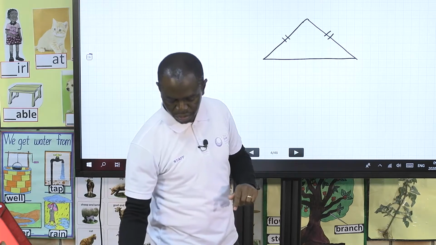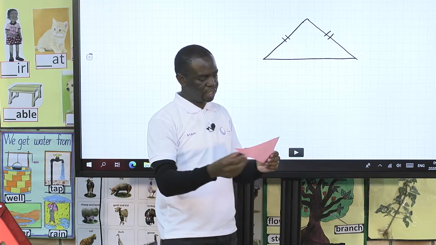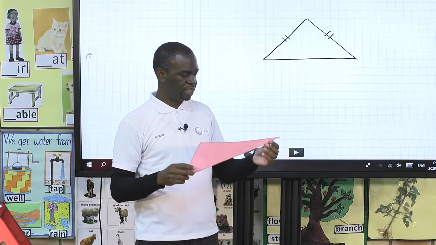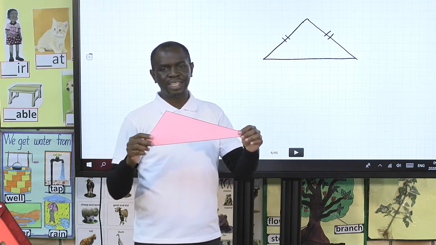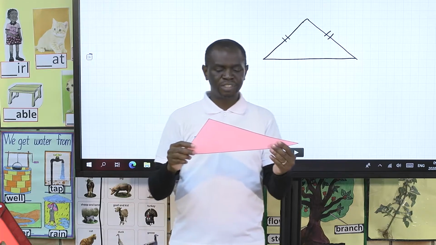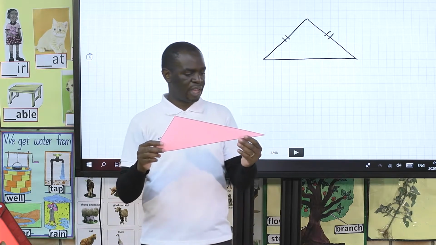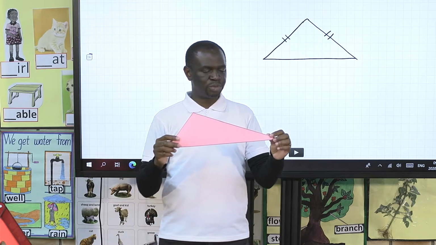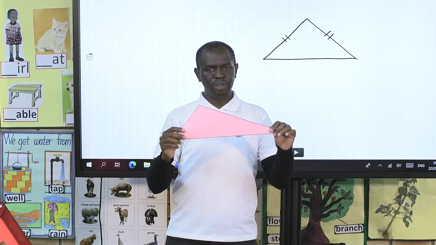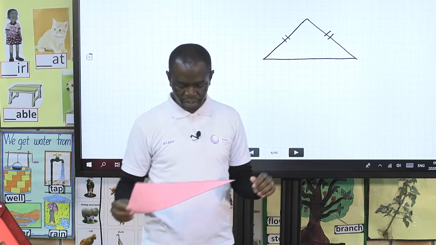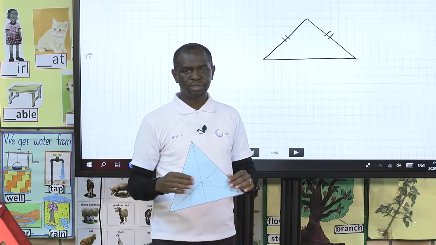The third one, which I'll also show you, is this shape of a triangle, which is called a scalene triangle. A scalene triangle is quite irregular, and it's different from the other two in the sense that all the sides are not equal at all. So let me go back to my equilateral triangle.